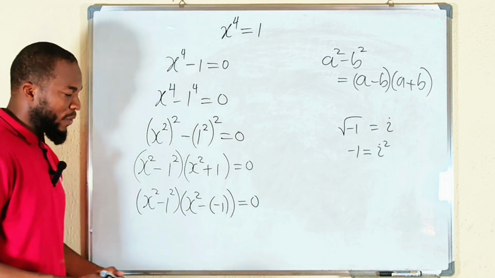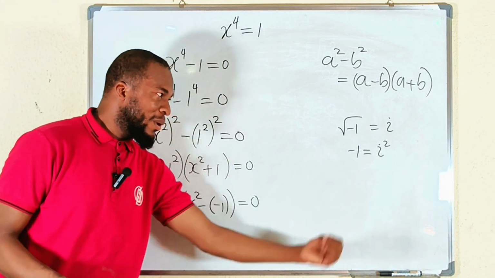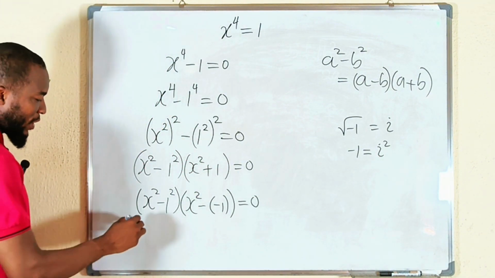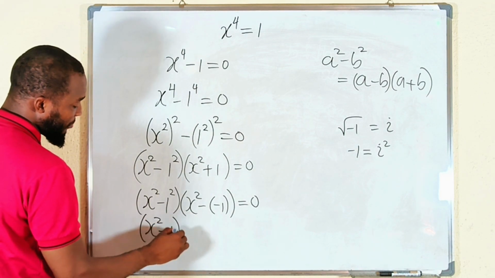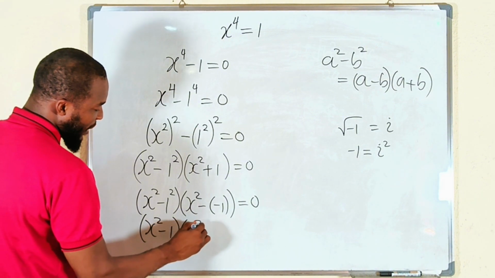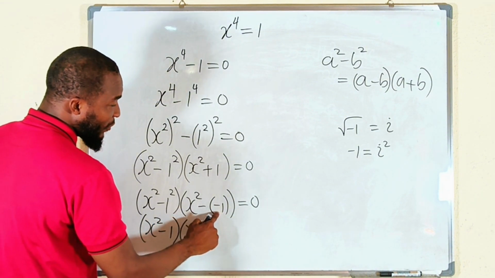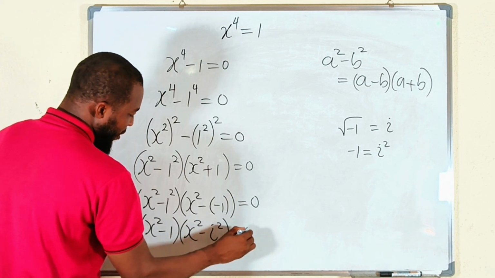Equals 0. So instead of this negative 1, we can confidently replace it with I squared. So let me rewrite. We have x squared minus 1 squared or 1, all the same. We have x squared here minus negative 1, which is I squared, equals 0.